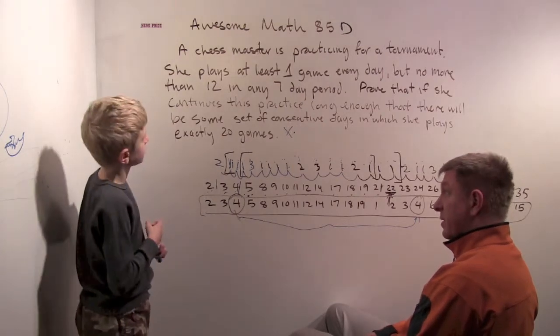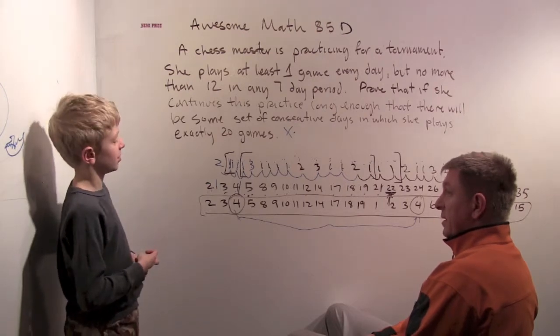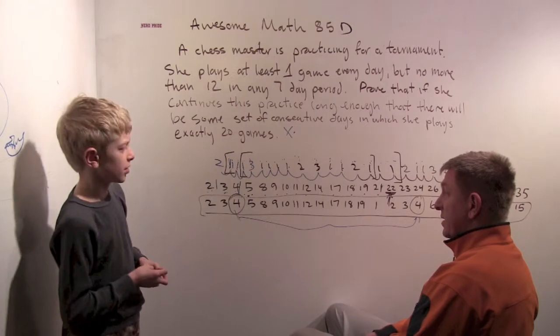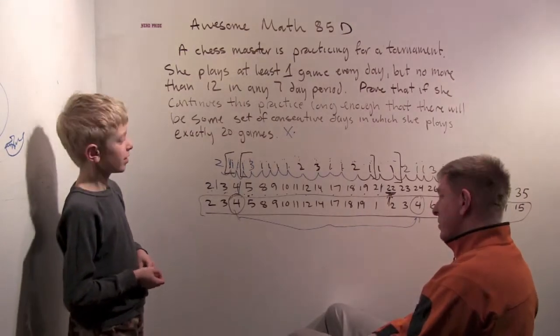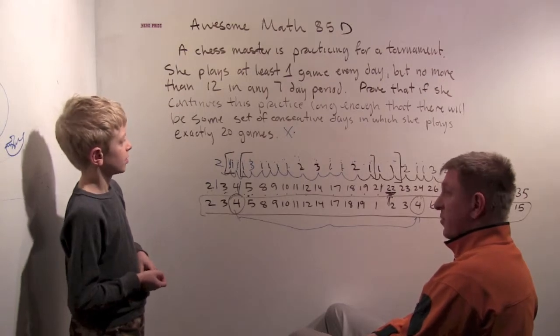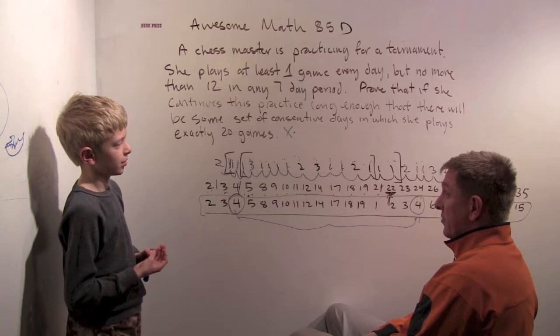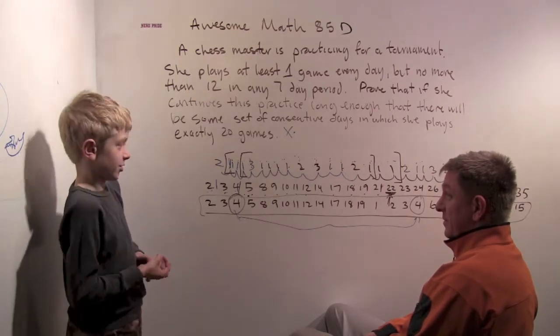Okay, so what's the most she could play in 3 weeks? Well, 36. Okay. But we have a repeat for sure, right? And that repeat is going to have a multiple of 20 difference. We don't know if it's 20 or not, but it has to be a multiple of 20 and it has to be less than 36. So what multiple of 20 is it going to be if it's less than 36? Well, that would be just 20.